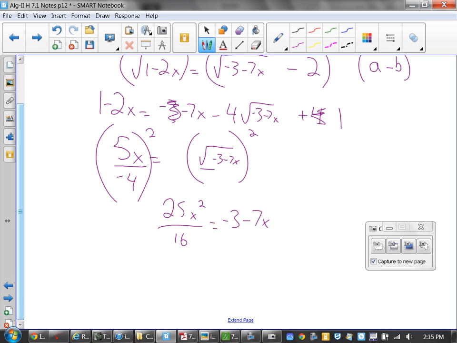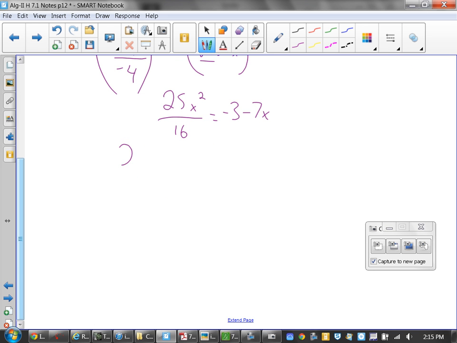Okay. Now, at this point, I'm going to multiply everything by 16, get rid of the fraction, and after I do that, I'm going to set it equal to 0. So I'm going to multiply the right side by 16 and subtract it all over to the left. 25x squared plus 112x plus 48 is 0.